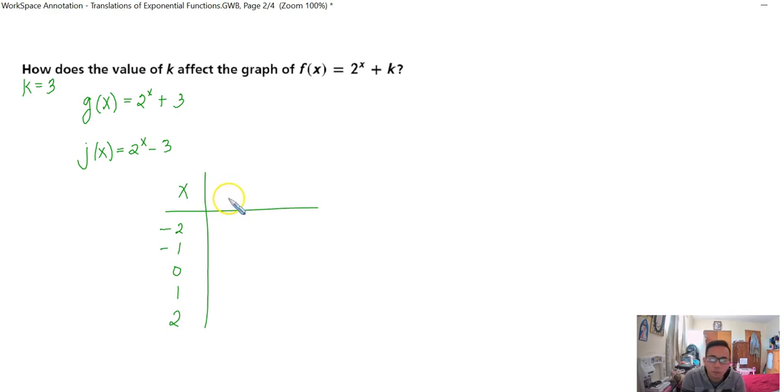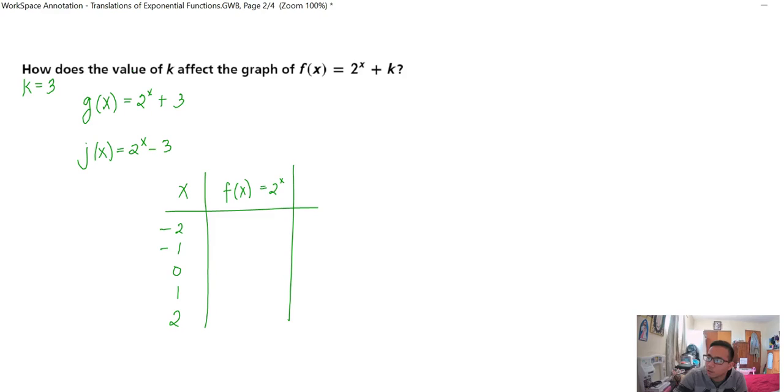So you can put there g of x and then your f of x is equal to 2 raised to x. Okay, and then you also have your g of x. That's because we are going to compare g of x and j of x from the mother function or the original function 2 raised to x.